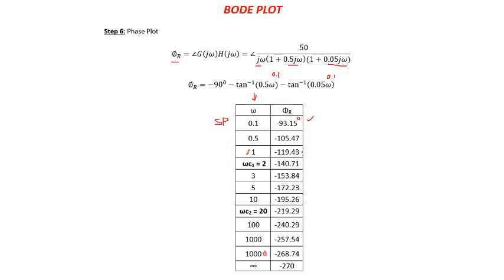You may get very near or similar values, please do check it. At omega equal to 2 you get minus 140.71. When we see these values in the table, when omega starts from 0.1 it is nearer to minus 90 degrees, and the range of this plot goes from minus 90 degrees to, at infinity, minus 270 degrees. So while plotting the phase plot we have to take care of having these two ranges available, that is minus 90 degrees to minus 270 degrees.